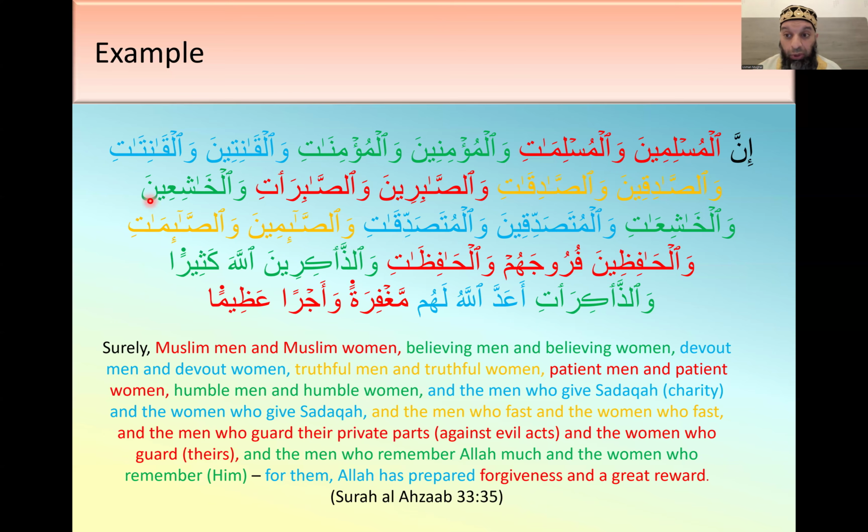So ina, plural. Wal-khashi'ati, and the humble women. Wal-mutasaddiqina, those who give sadaqah from the men. Ina. Wal-mutasaddiqati, those who give charity, give sadaqah from the women.